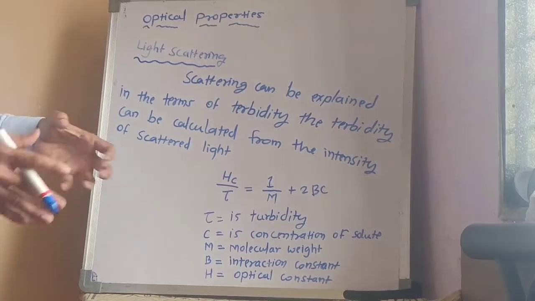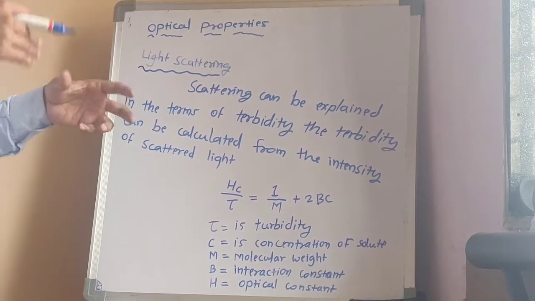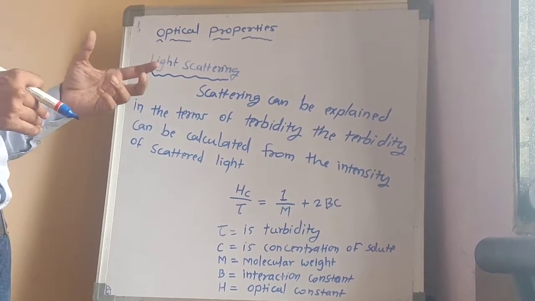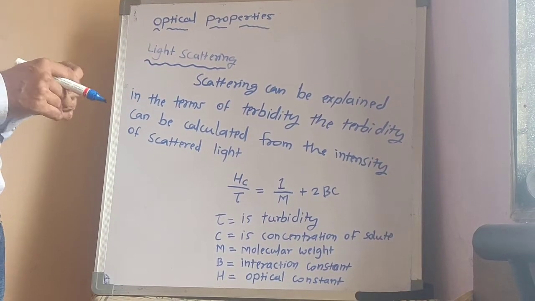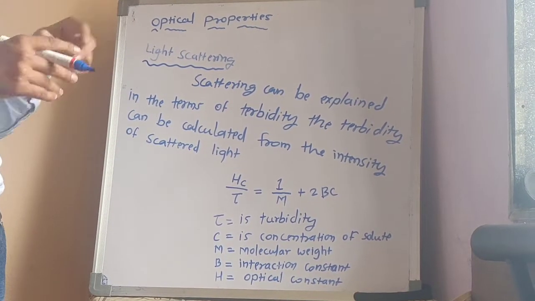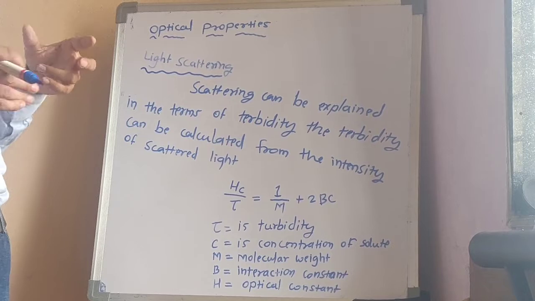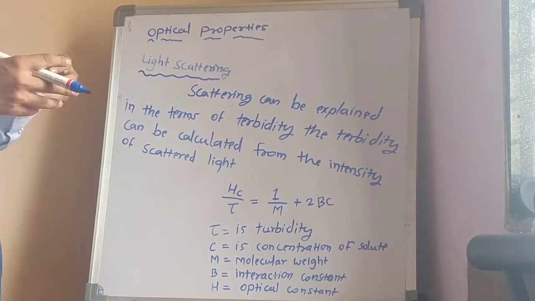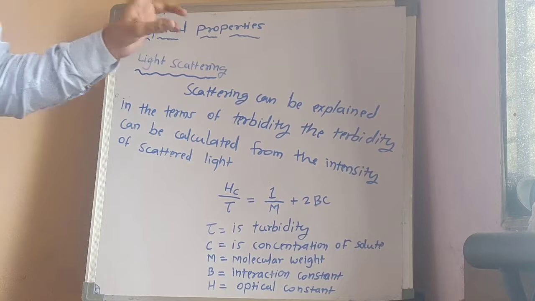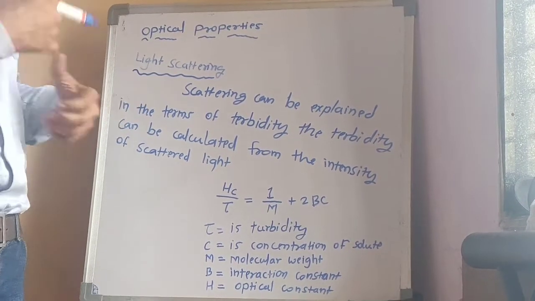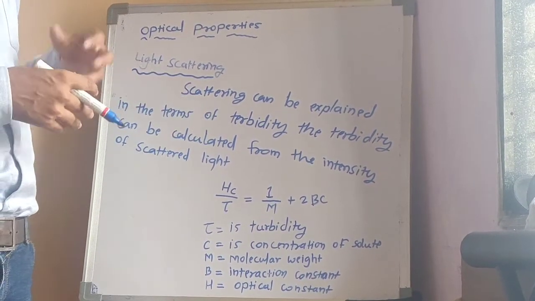light scattering intensity. If the dispersed phase is available in a solution, and we pass a light through that solution, it gets scattered because of the presence of the dispersed phase. So we can say that it is turbidity.